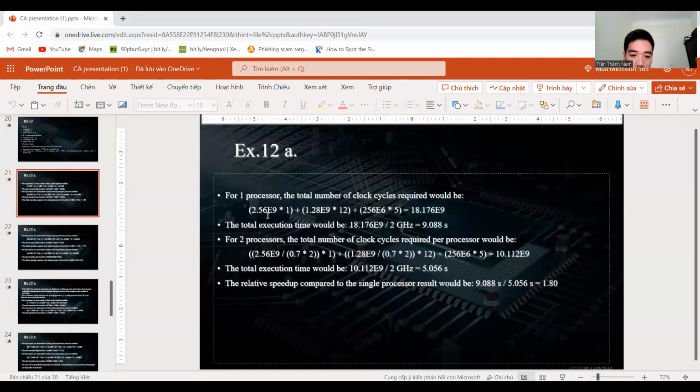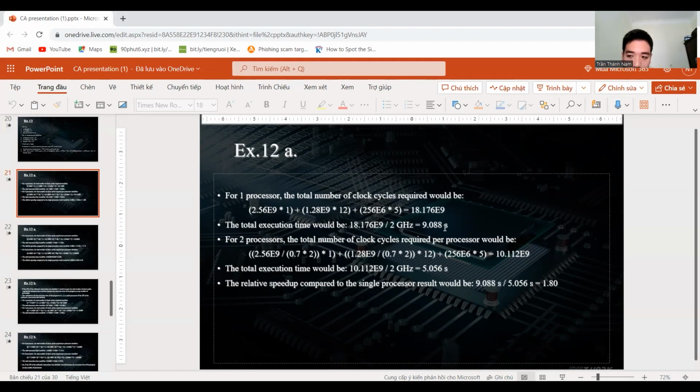So we can calculate the total number of clock cycles required for one processor, which is 18.176 multiplied by 10 to the power of 9, and the total execution time would be 9.088 seconds.